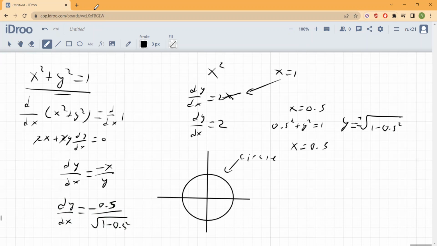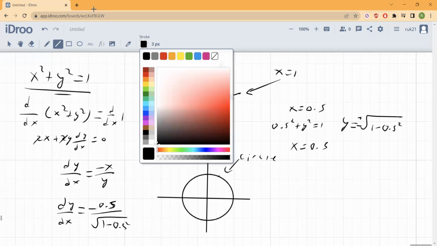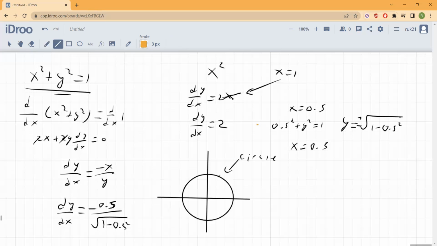And then the answer for this would give us the tangent at our point of 0.5, and whatever y is somewhere over here. And we would get our tangent. What color do we like? We like orange, so we're going to get our tangent right over here.